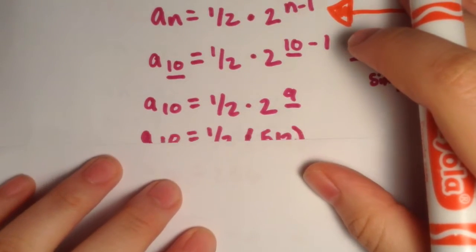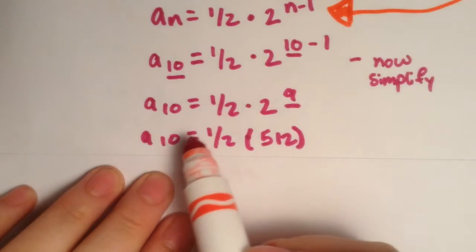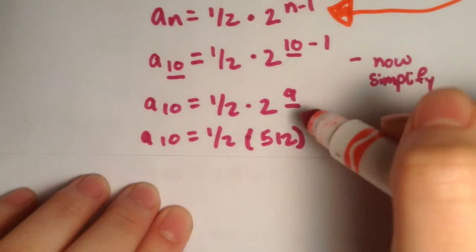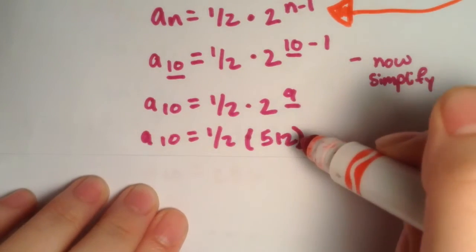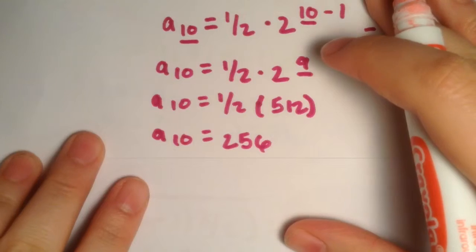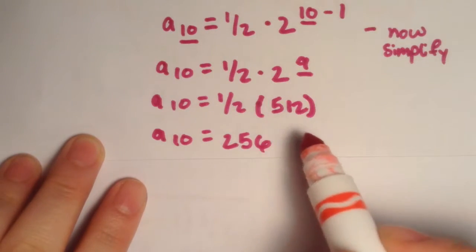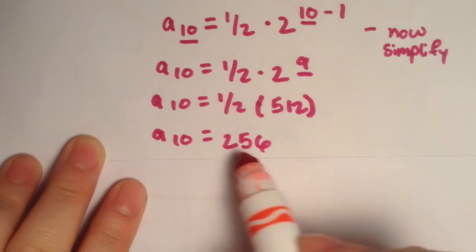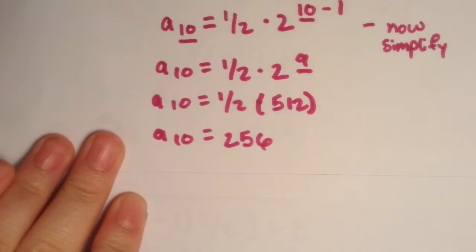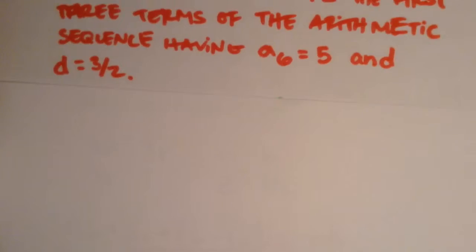If we simplify even more, a sub 10 equals 1/2 times 2 to the power of 9 equals 512, and 512 times 1/2 equals 256. And that is the 10th term.